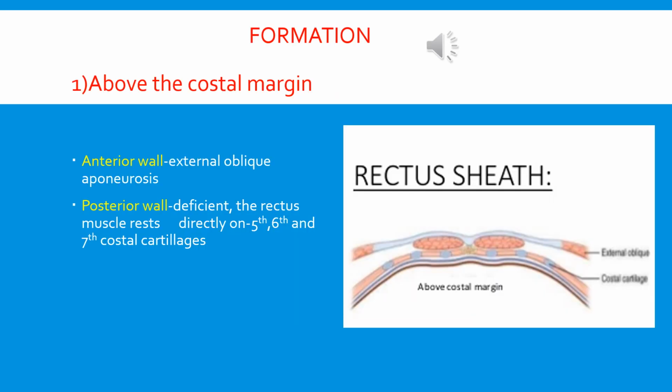The formation of rectus sheath differs from above downward as follows. Above the level of costal margin, the anterior wall is formed by the aponeurosis of external oblique only. The posterior wall is deficient and the muscle lies directly on 5, 6 and 7th costal cartilages.